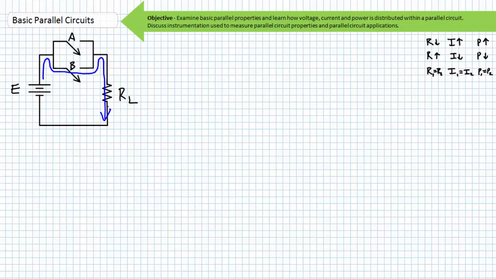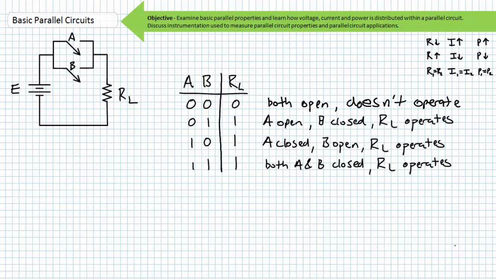In fact, if I press both switch A and switch B simultaneously, current can flow from my source through my load. The only way the load will not operate is if I don't close either switch. The answer is either switch A or B, or both simultaneously, will supply current to my load resistor.